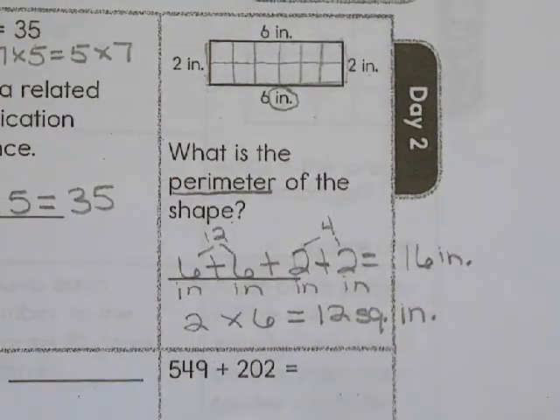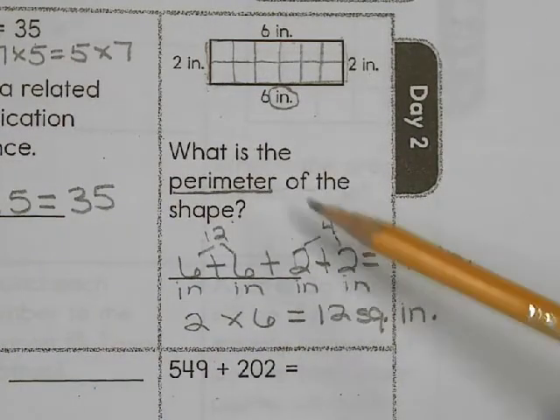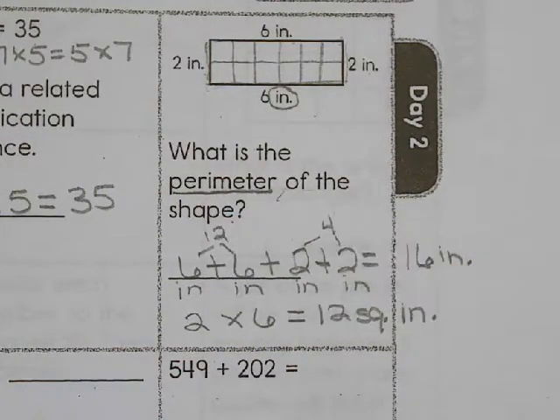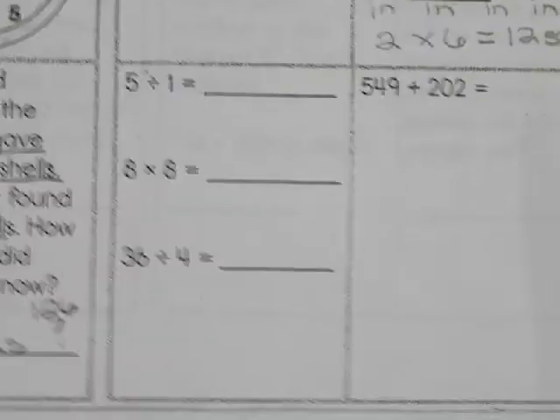Now again, I just wanted to remind you, this doesn't say to find the area. I just want to remind you what the difference between perimeter and area is. Okay? Moving on to problem number 3.